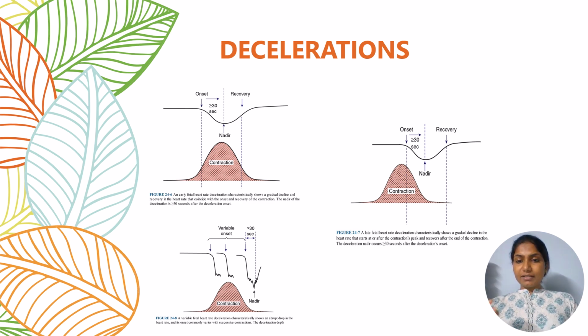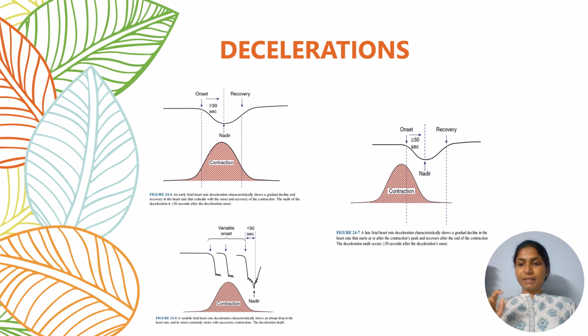So the deceleration nadir occurs more than 30 seconds after the contraction onset. Even after the waning of the contraction, there is still deceleration. The contraction is over, but still the baby is not recovering from the bradycardia. That is why it is called late deceleration, which is an indicator for fetal hypoxia and acidosis.